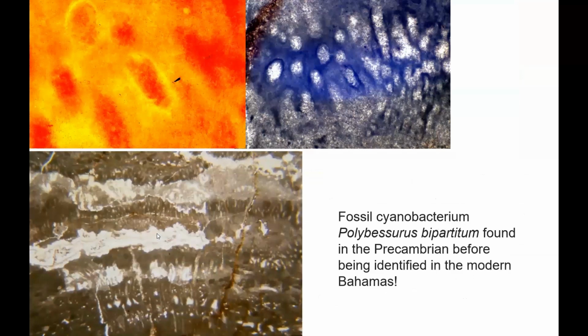And one of the most bizarre things was this structure. One of my samples had this in it. I never in a million years would have guessed what this is. And it turns out that this is a fossil that had just been discovered in the modern Bahamas, but the fossil one was described first before the modern one.